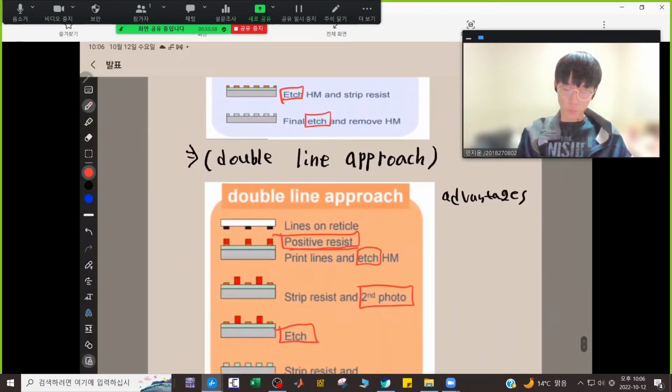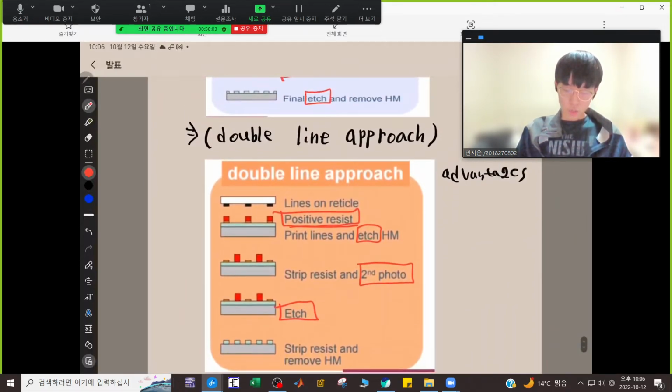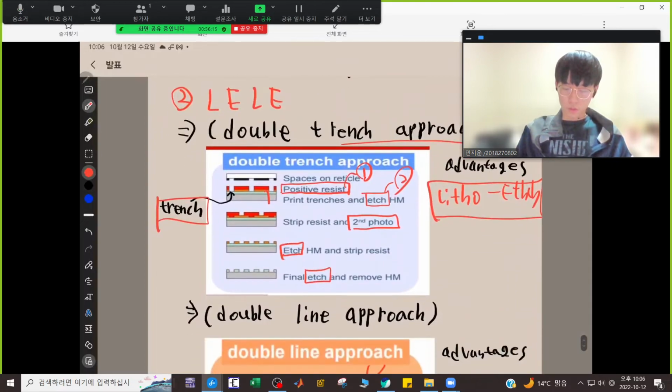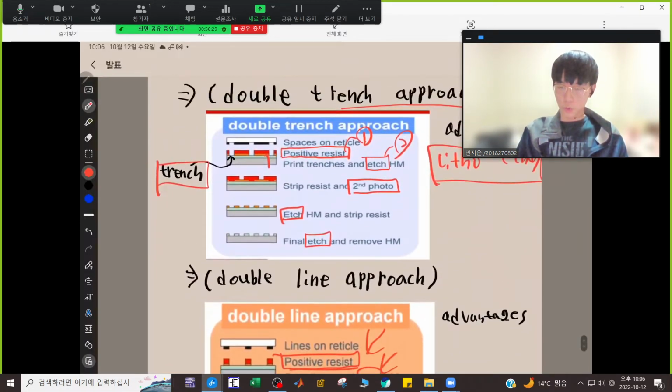And the next one is the double line approach. It also has a photoresist, and the etch process is repeated. This first double trench approach has some advantages in critical dimension, so this one is used for metal lining between transistors, like this.